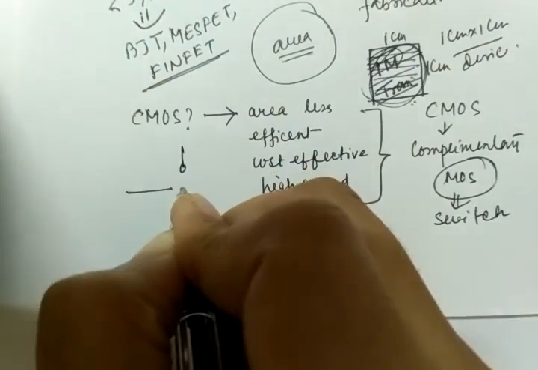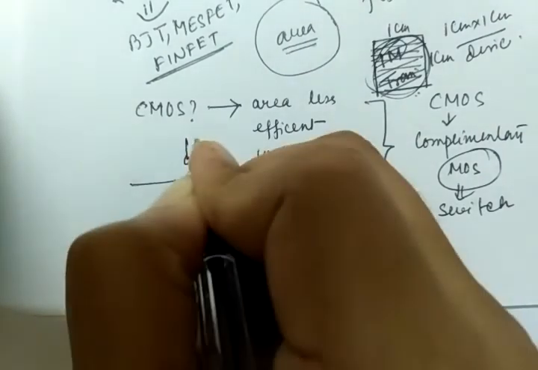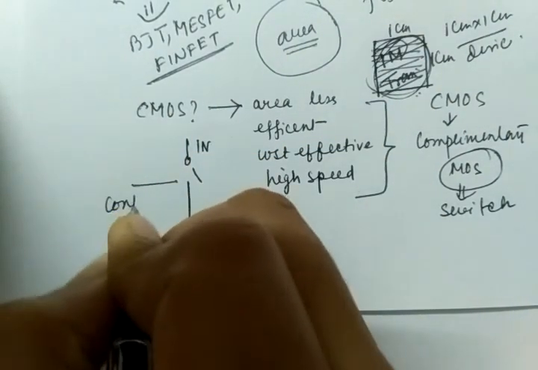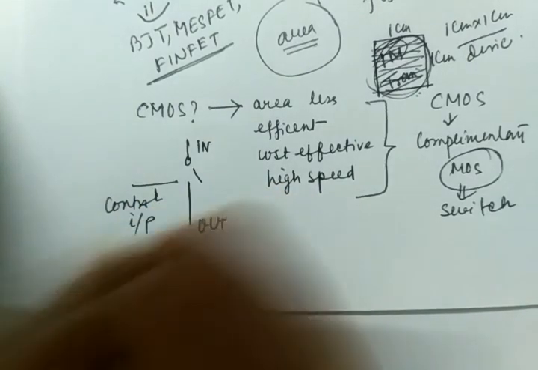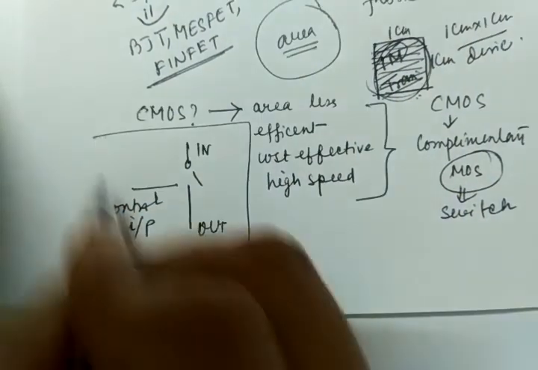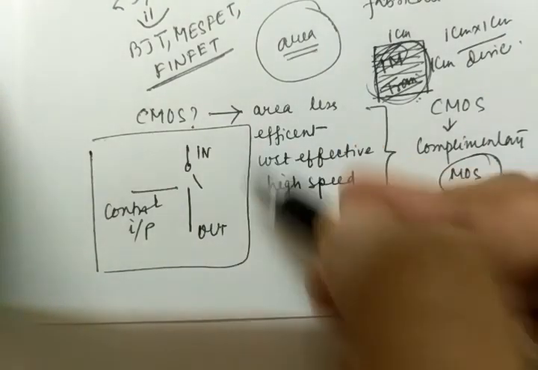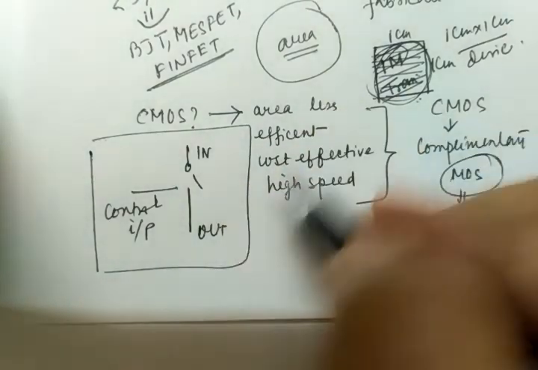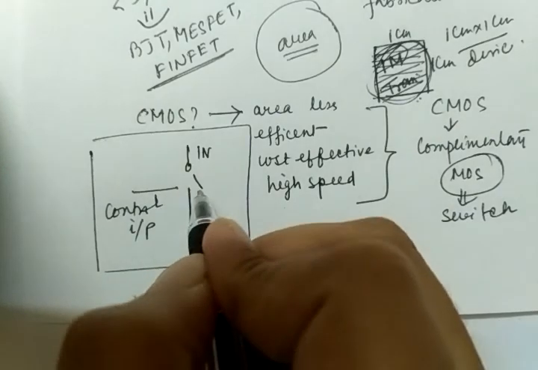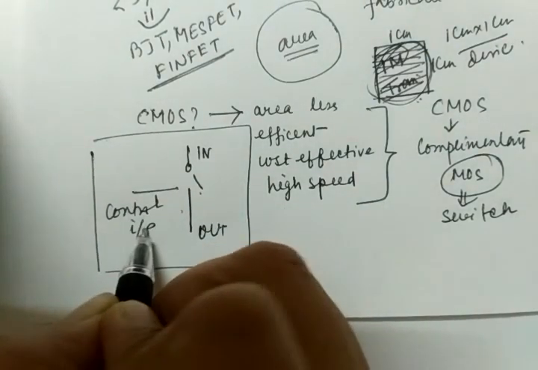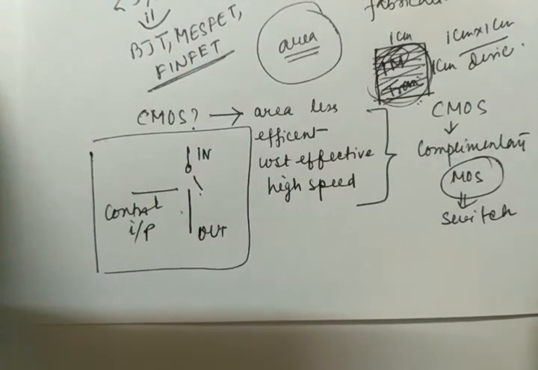This is input, this is output, and this is the control input. The signal will pass from input to output, and the control terminal will be able to open or close this switch. This control terminal is basically the gate terminal.